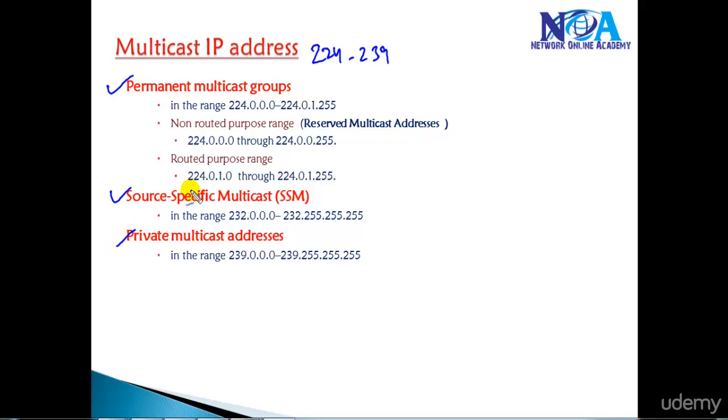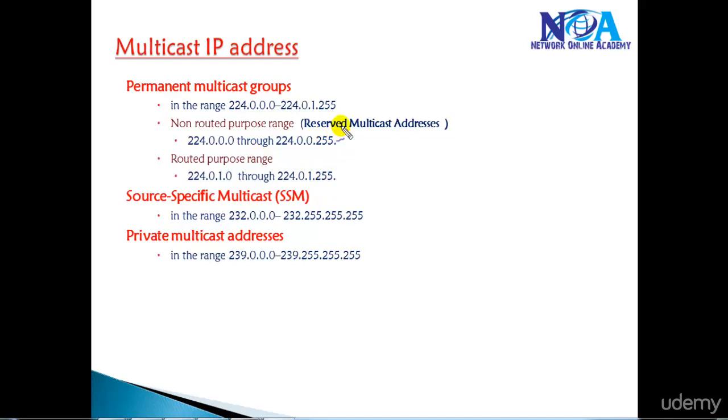The first one is the permanent multicast groups, which come in the range of 224.0.0.0 to 224.0.1.55. In this we have two different ranges, one for non-routed purposes and the other for routed purposes.